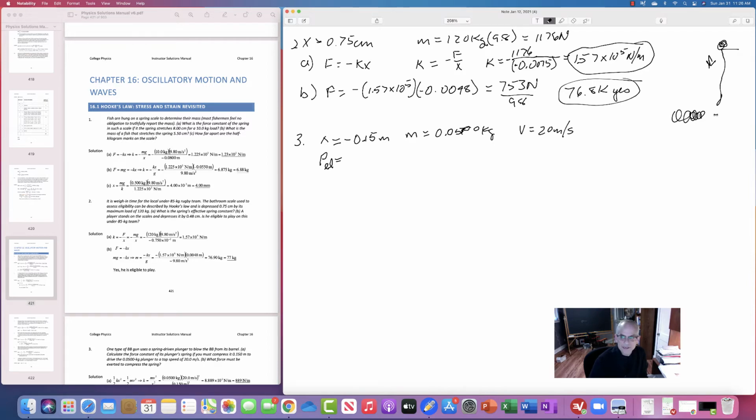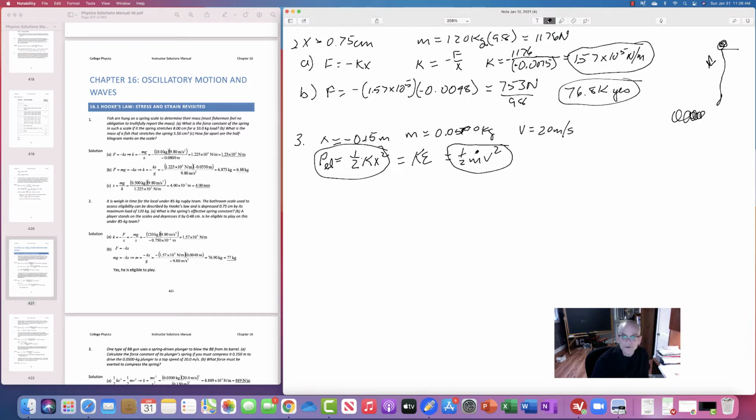That is calculated with the following formula: 1/2 kx squared. In this case, it's going to equal the kinetic energy of motion that the BBs will have, which is 1/2 mv squared. So the potential energy of the spring is going to equal the kinetic energy of the BB when that spring is released.